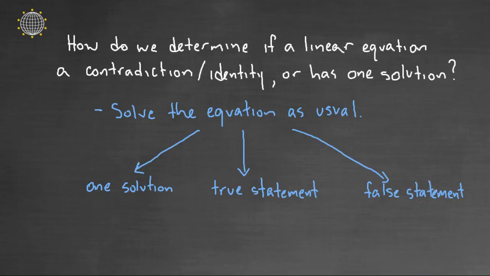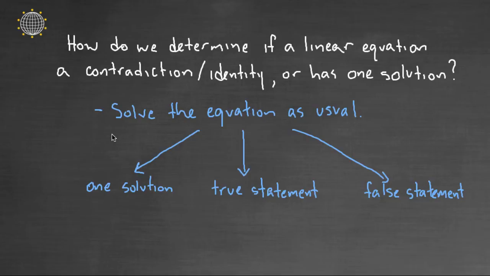A common question I'm asked quite often is, how do we know if a linear equation is one of these weird guys, a contradiction or an identity, or one of our typical types of equations that just has one solution? Well, the answer is simple. Just solve your equation as you typically would.